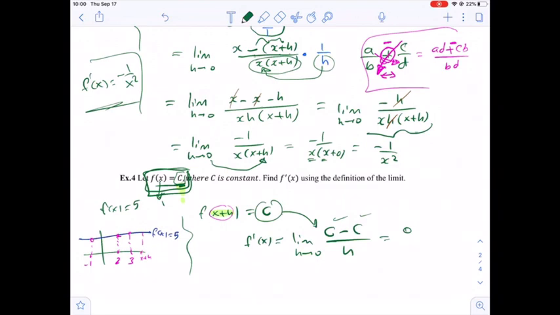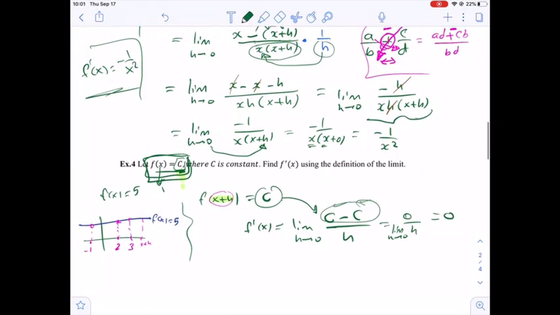So 0 over any number is 0. 0 over h, and the limit as h goes to 0, is 0. Since the numerator is 0, the answer is 0. And here we don't plug in 0, because h approaches 0 but is not equal to 0. So from here, you can just write that the limit is equal to 0 since the numerator is 0.